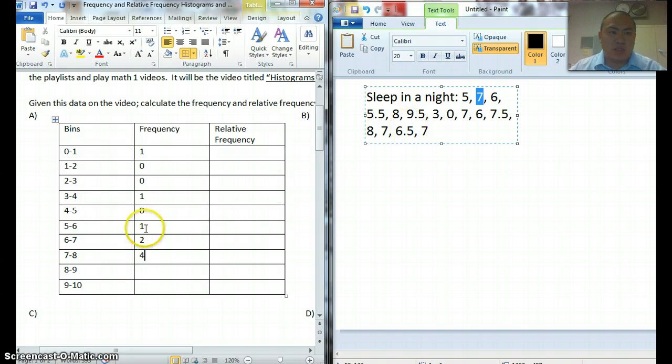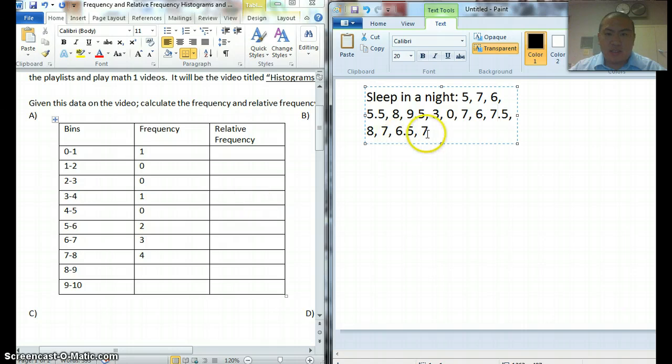I realize I missed one for 5 to 6. There's also 5 and 5.5, so 5 to 6 should be 2. And for 6.5, I totally missed that one as well. That falls in here, so that should be 3.